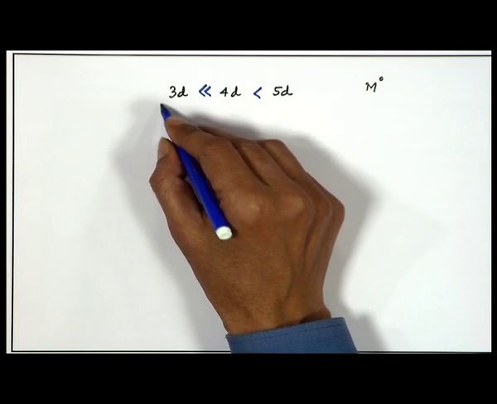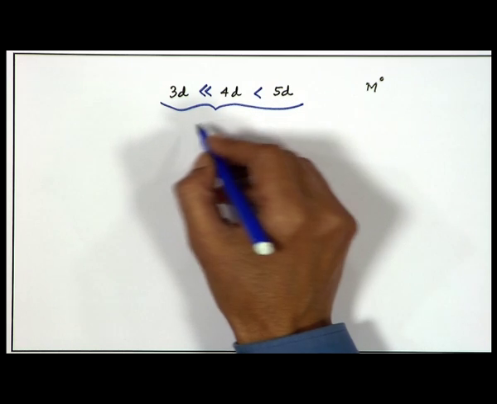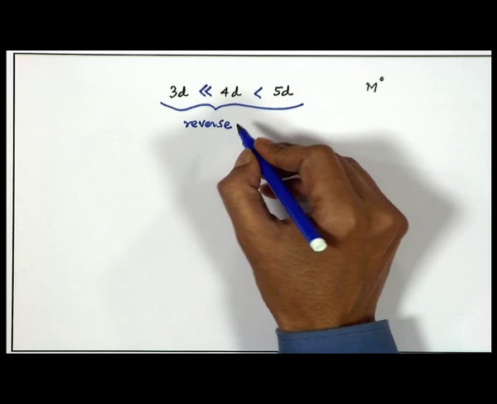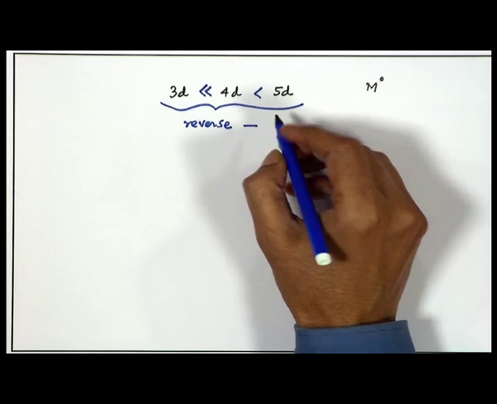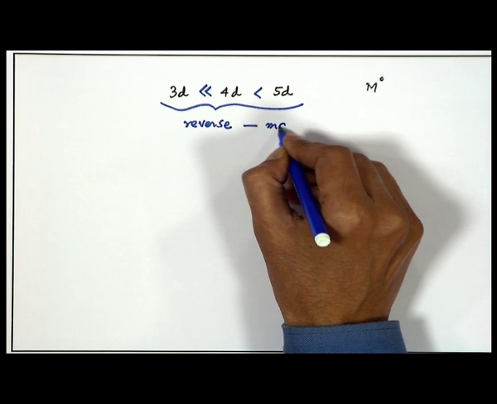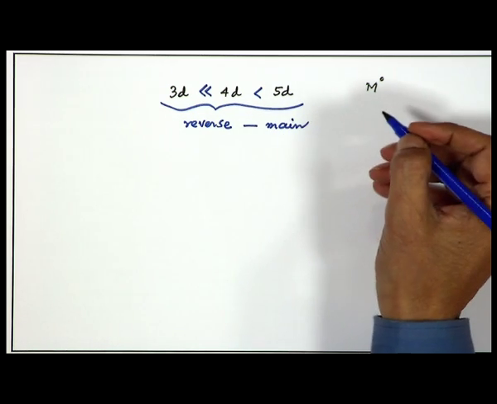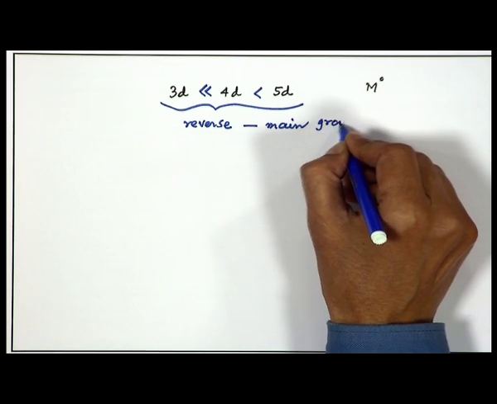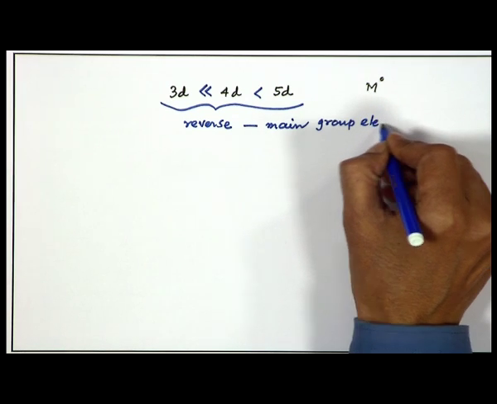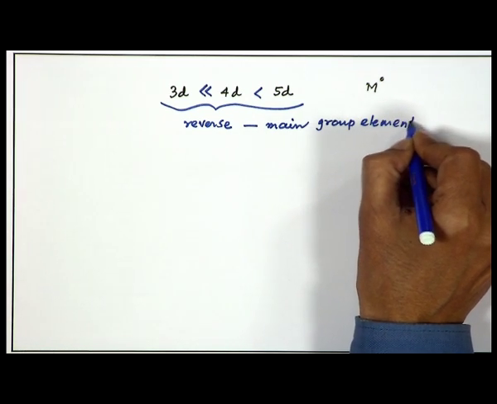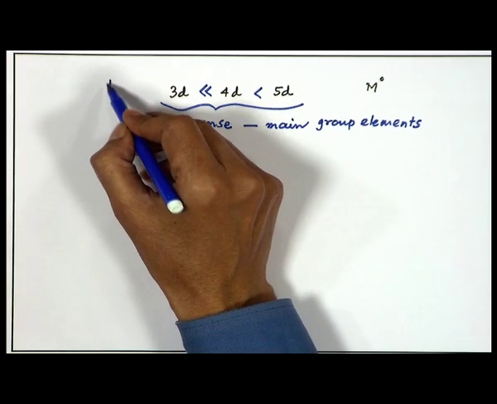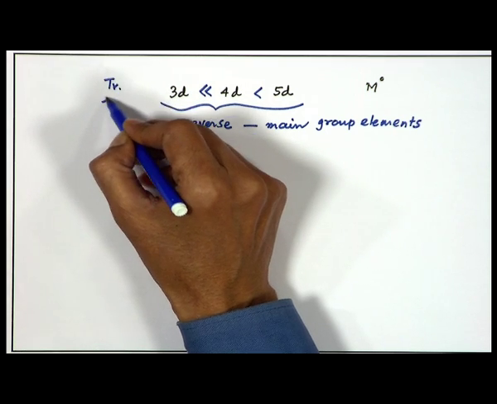So, this trend is reverse to that normally found for main group elements, that means the s block and p block elements. What we find for main group elements is different for these transition elements.